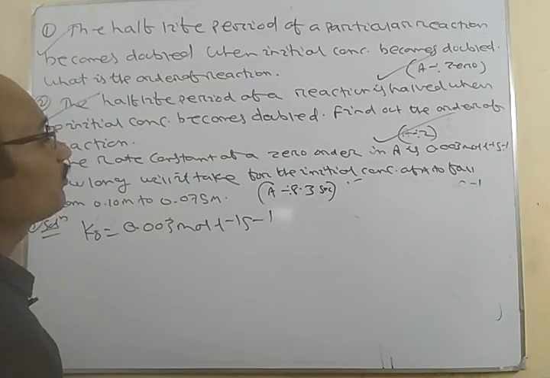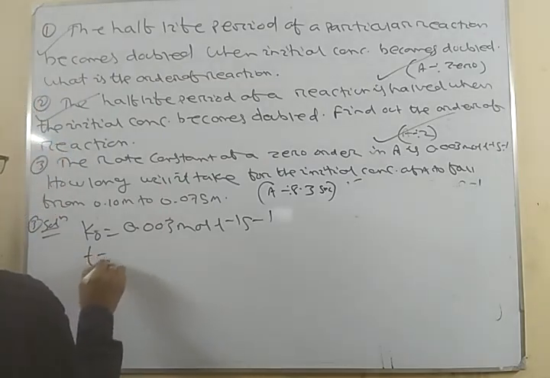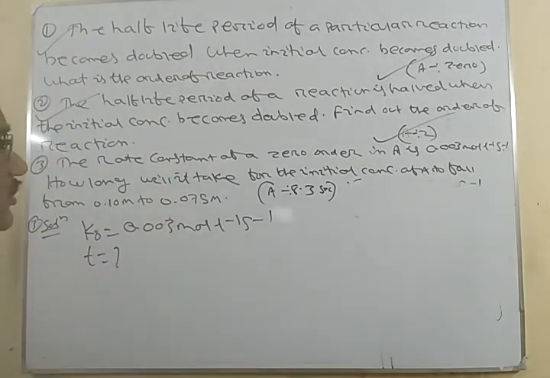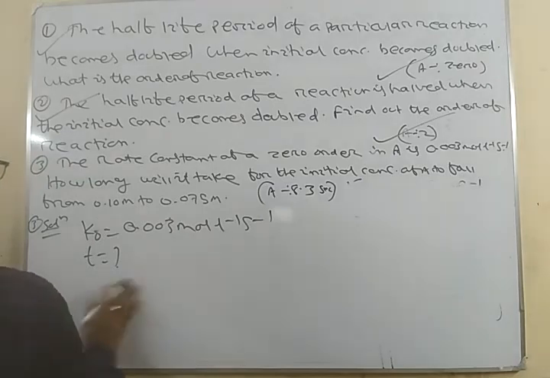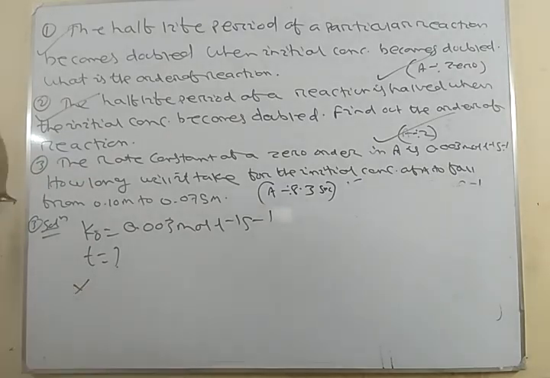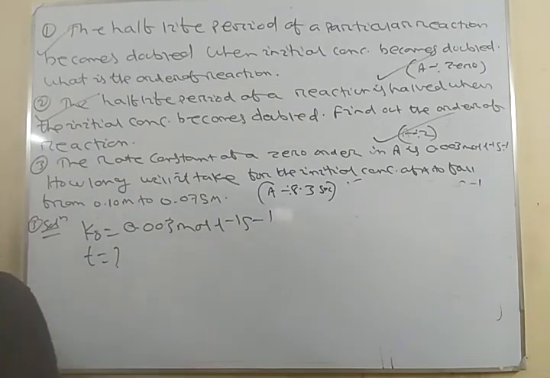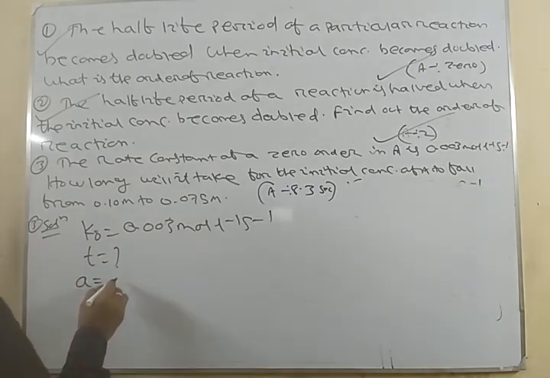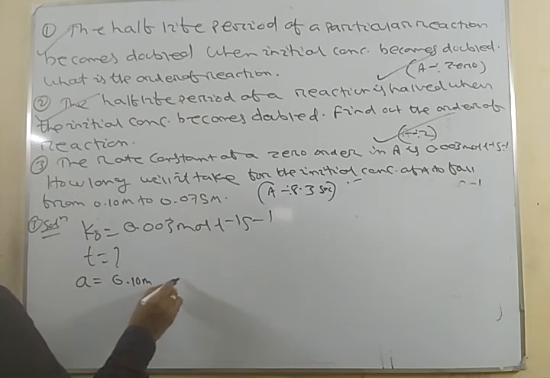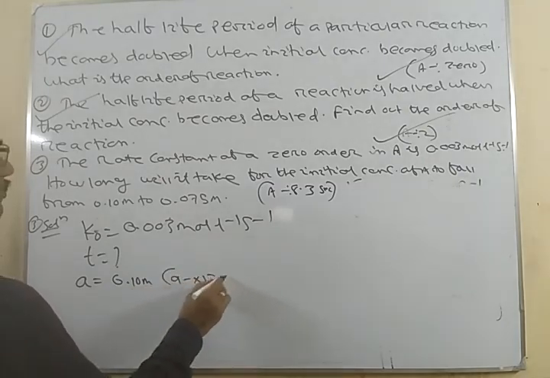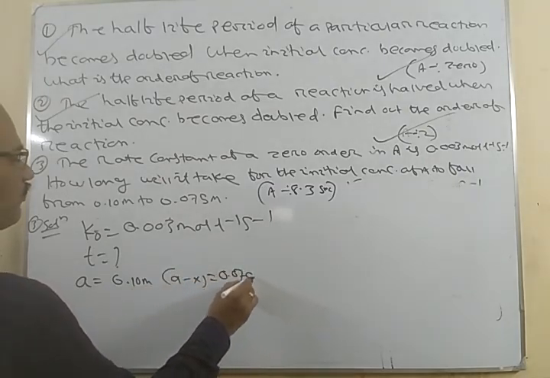How long will it take for the initial concentration of A to fall from 0.10 M to 0.075 M? Here the initial concentration a is 0.10 M, and a minus x equal to 0.075 M.